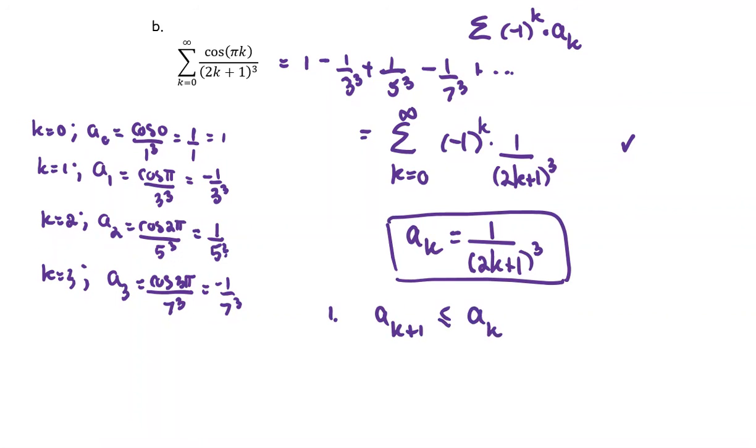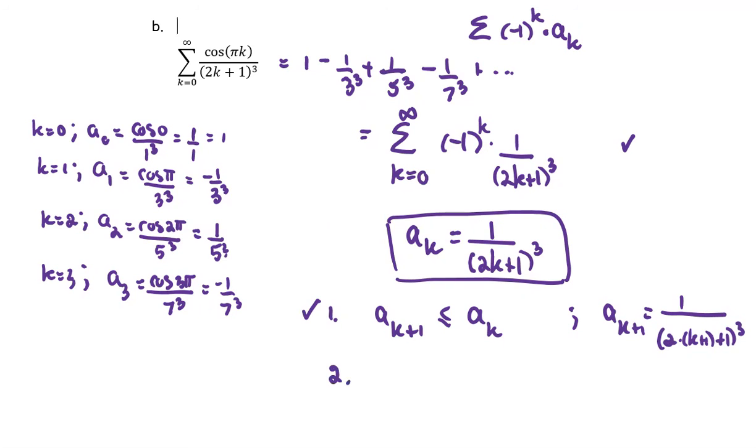And this is true because for a_k equals 1 over (2k plus 1) raised to the third power, a_{k+1} will be in the form of 1 over (2 times (k plus 1) plus 1) raised to the third. It is true because the denominator is larger than the denominator of the a_k term.